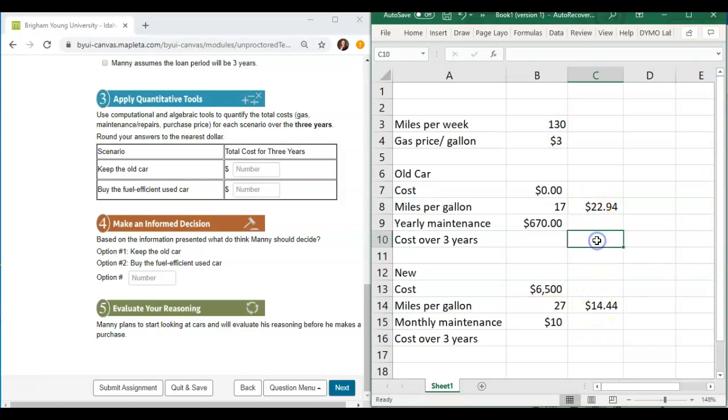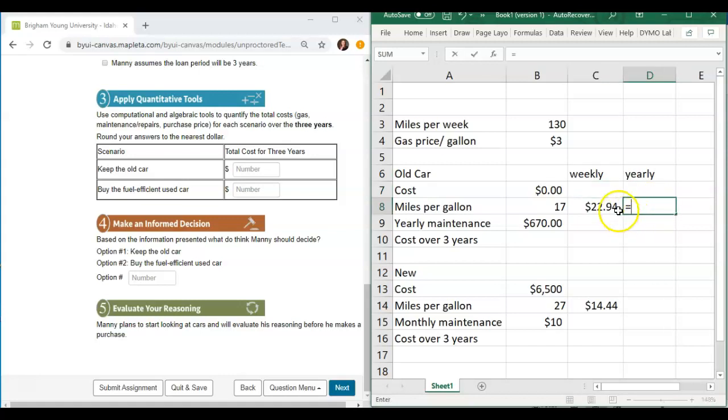Now we need to find, you know what, I'm going to go over one more. So this is weekly cost. So I'm going to put that there, and let's find yearly, and then we'll multiply it all to get the 3 years.